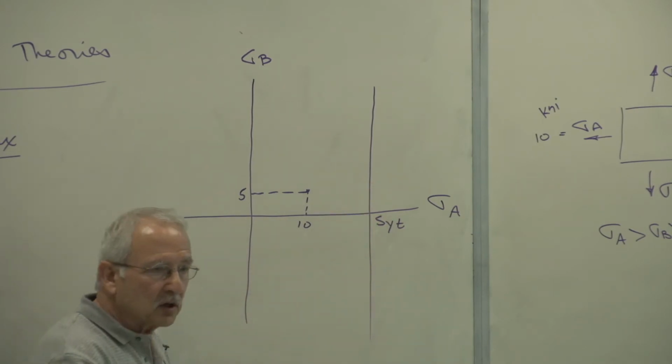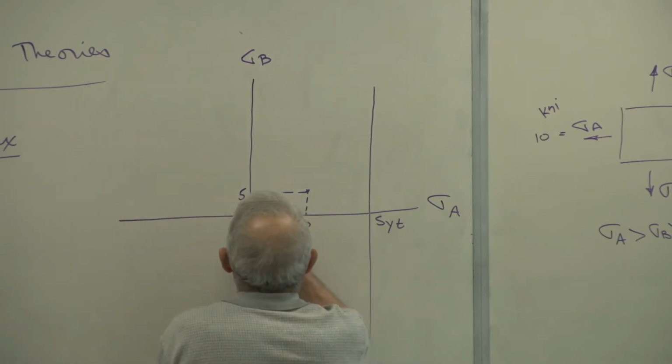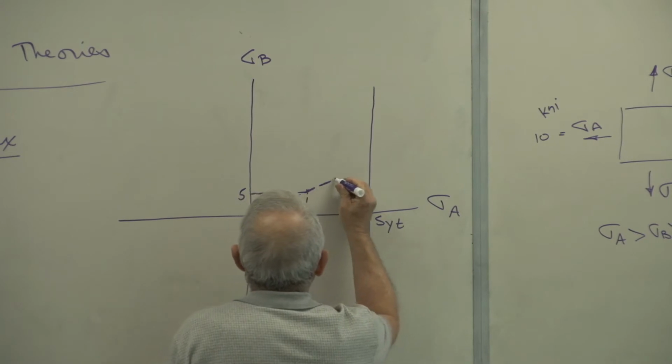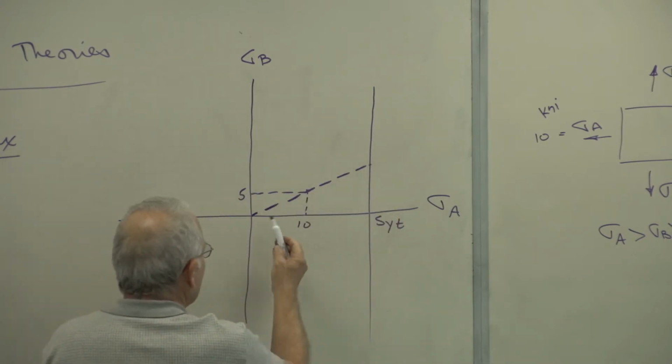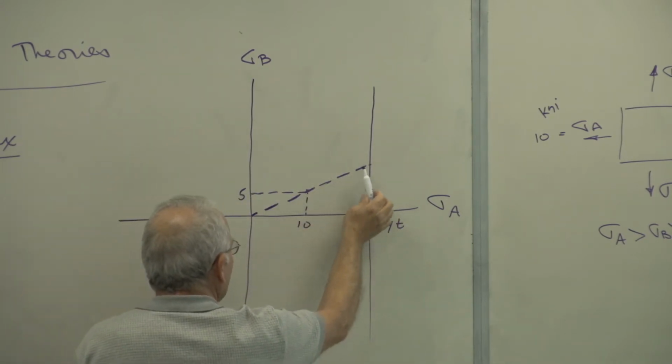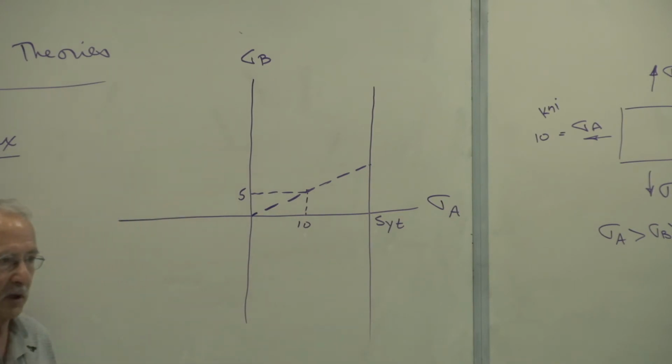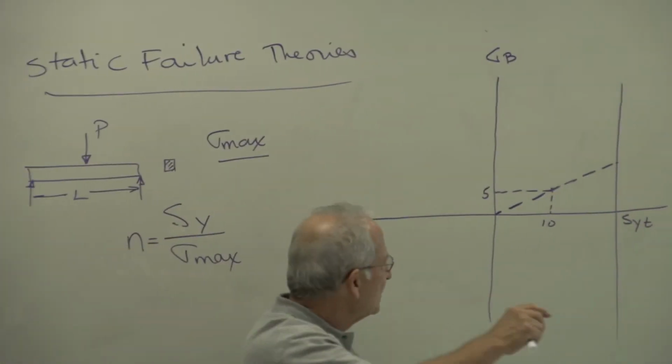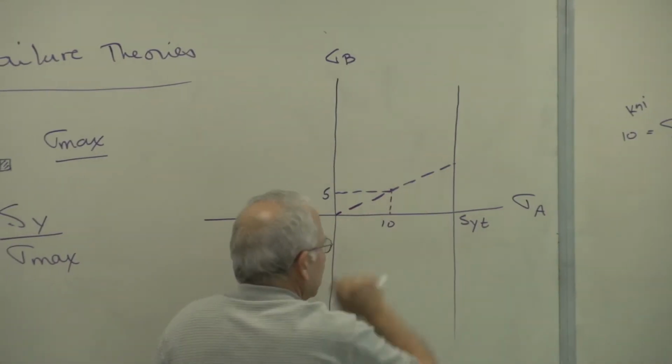Then we say failure has occurred. In other words, if I increase the load, both of these stresses increase along that line. Is everybody following me? As we increase the load and keep plotting these stresses, they follow that line.